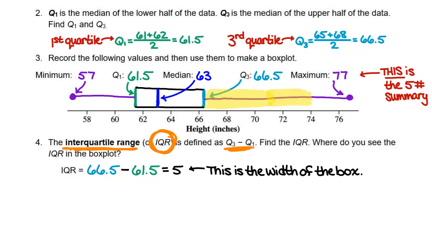Oh, wrong button. So I'm looking to see, do I have data values that are farther away from the edge of the box than 1.5? Thank you. I thought I had her last period.